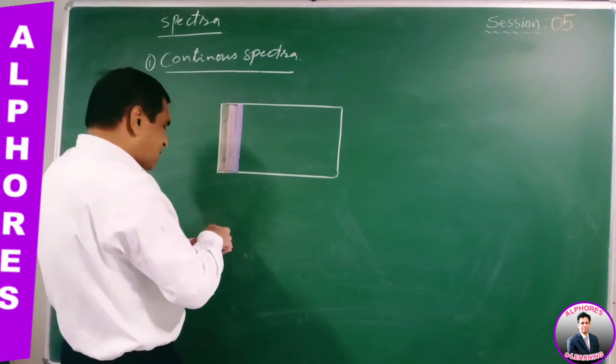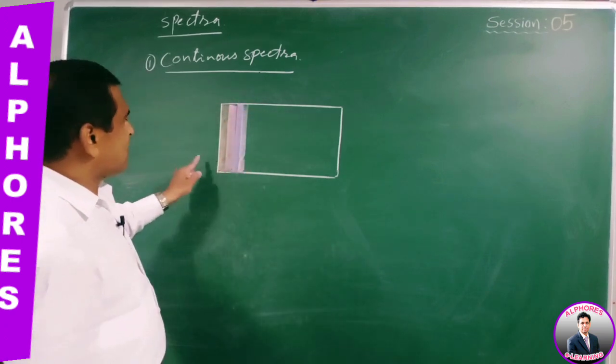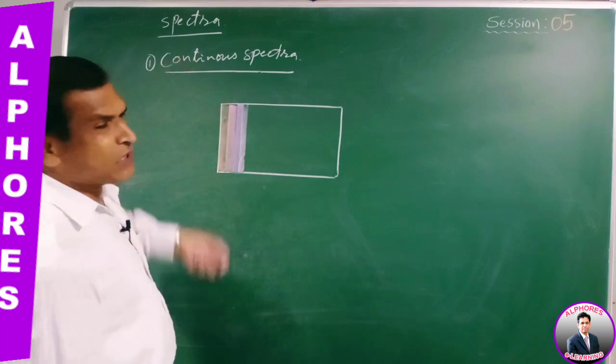All the spectral lines are arranged without any gap. So that is called continuous spectra.